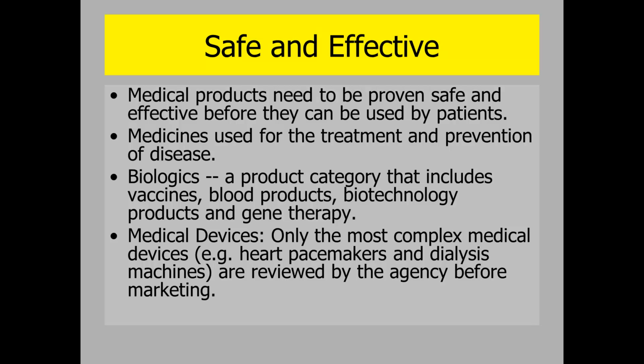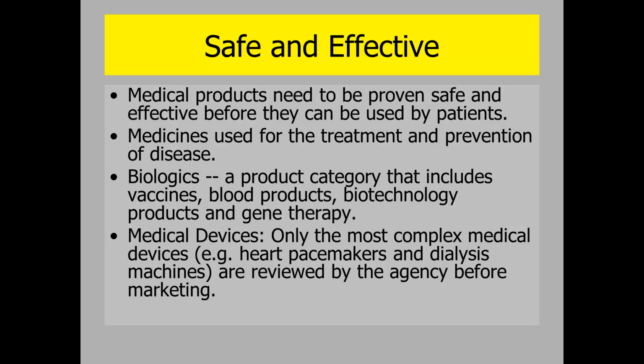The medicines are used for the treatment and prevention of disease, and the biologics can be part of medicine, or they can be other products like vaccines, which are used for providing immunity to viral disease, blood products used for transfusions, or purified products like clotting factors that are purified from blood and then administered, or biotechnology products purified from cell cultures, or DNA products that are used for gene therapy, or cellular products that are used for stem cell treatments.